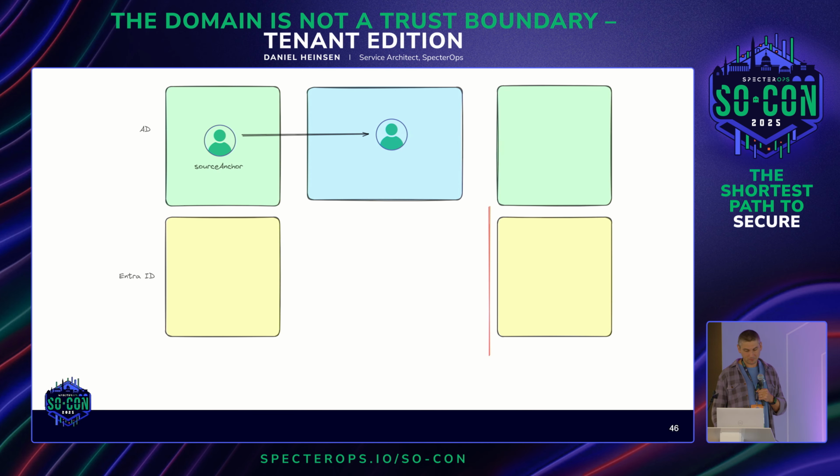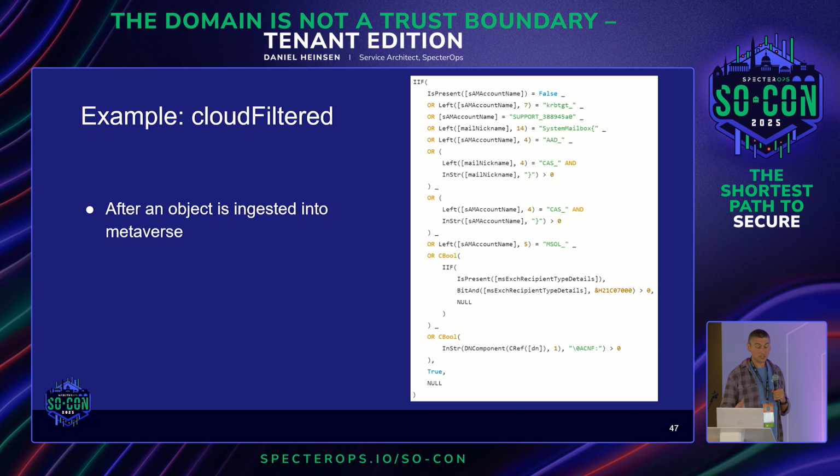To which I'd reply, well, let's consider this. All right, so we're going back to this connector space metaverse example, right? At this point, we have a user that's projected into the metaverse, but there exist some rules by default that prevent that user from being provisioned out into Entra, right? And there's one in particular called cloudFiltered. And there's Microsoft documentation that recommends you use this particular property to not sync users, right?